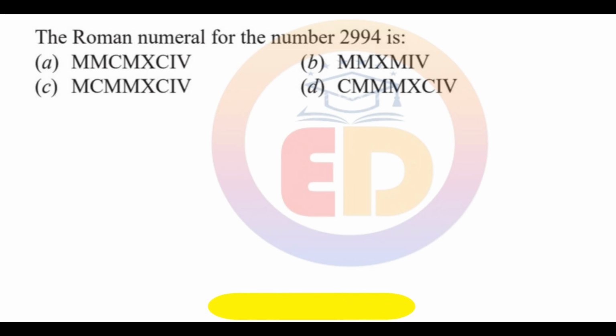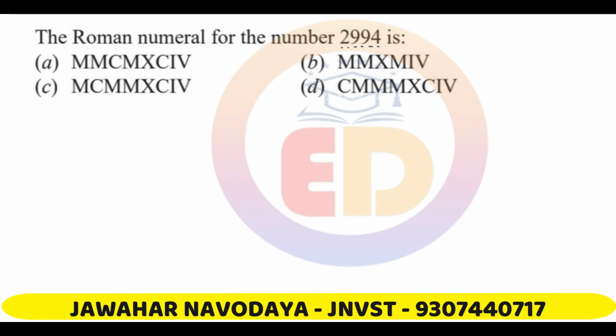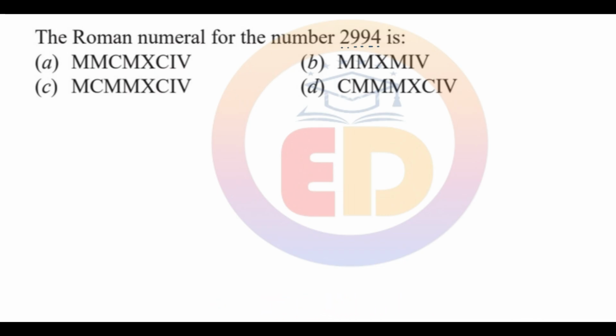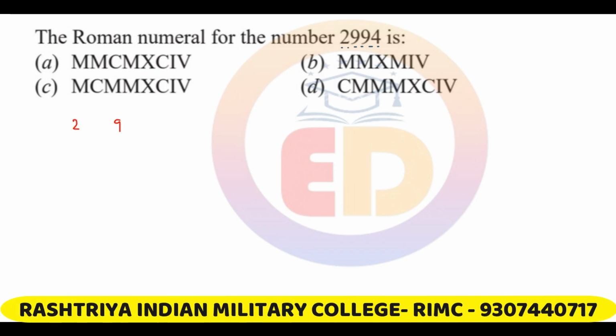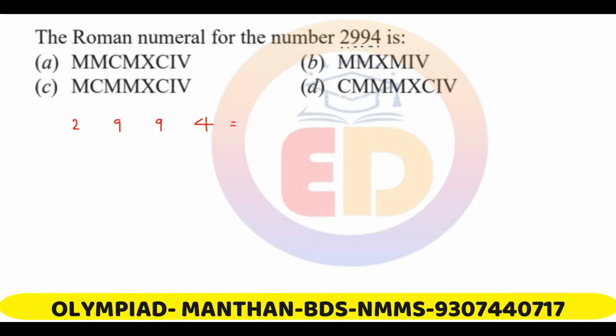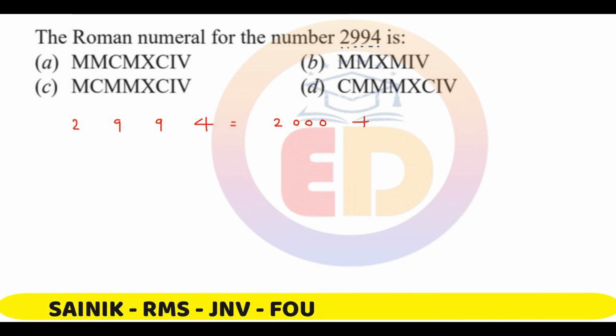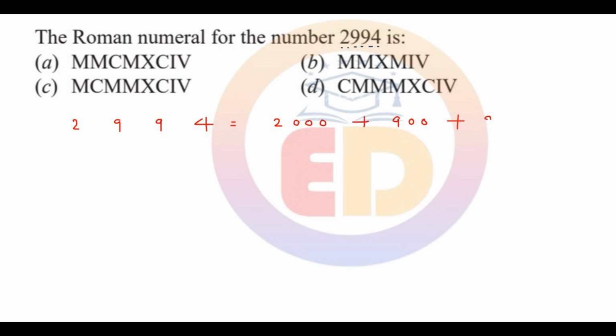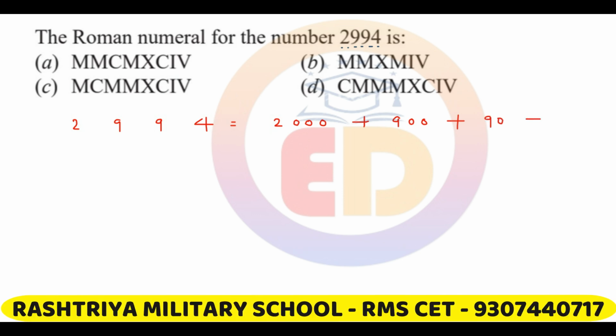The Roman numeral for the number 2994. Let us break it down. 2000 plus 900 plus 90 plus 4.